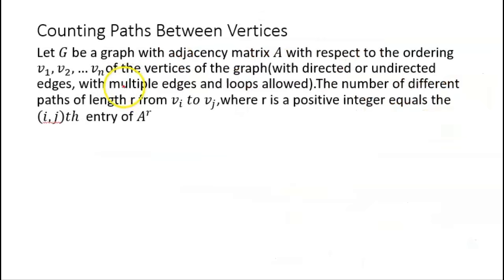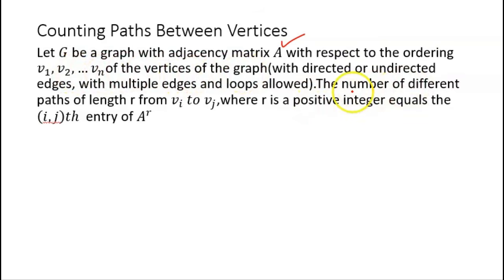The next thing that we are going to talk about is how to count the paths between two vertices. To understand this process, I will take an example, but first let us look at the expectation from us. Let G be a graph with adjacency matrix A. The first requirement is that you need to write the adjacency matrix of the graph with respect to the ordering V1, V2, ..., Vn of the vertices of the graph.